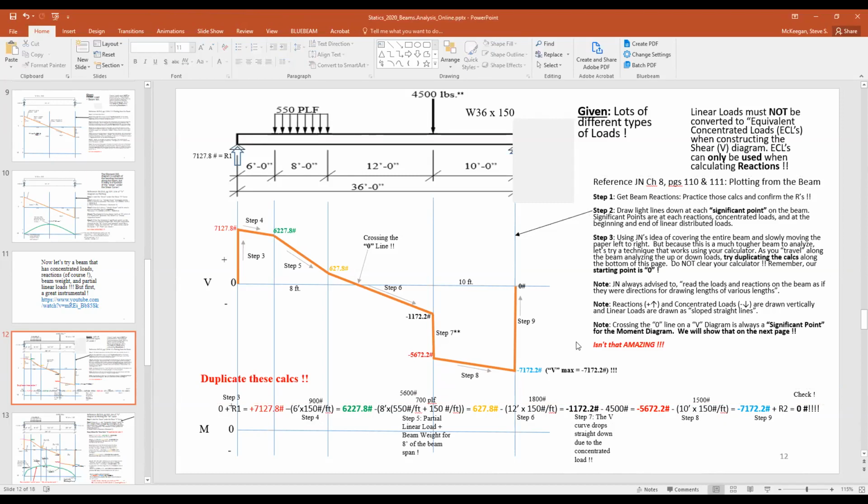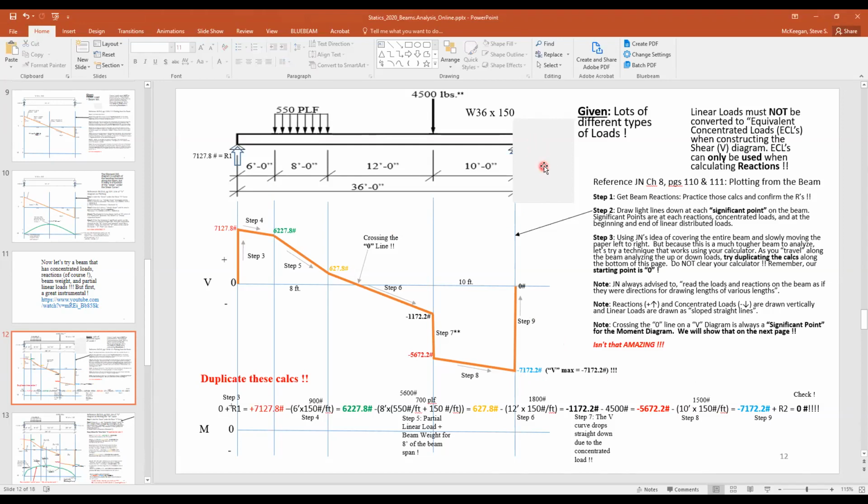I got to go back to my spotlight. Okay, and so we're at negative 7172.